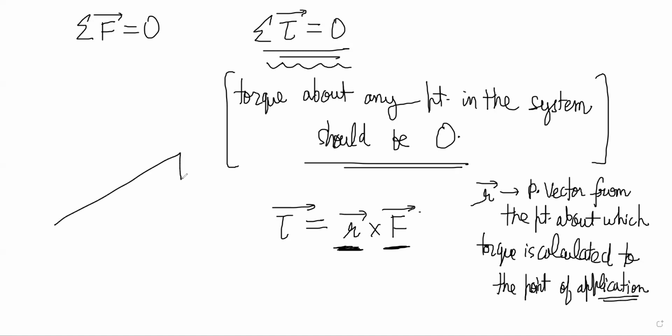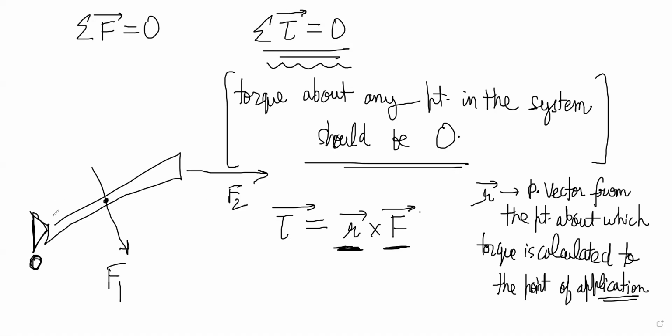So if I have a rod like this and it is pivoted to the wall like this, and my force was applied here like this F1, and one force was like this F2. Now if I want to calculate torque about this point O, I have to make a vector R1 from the O point, the origin about which the torque is being calculated, from here to the point of application of the force, that is your R1 vector.